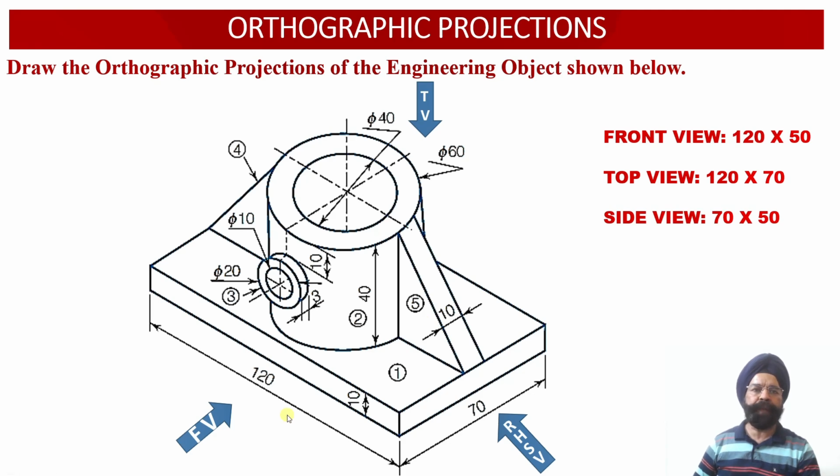So in order to obtain the orthographic projections of the solid, we need to obtain the dimensions of the front view face, the top view face and the right hand side view face of the solid.